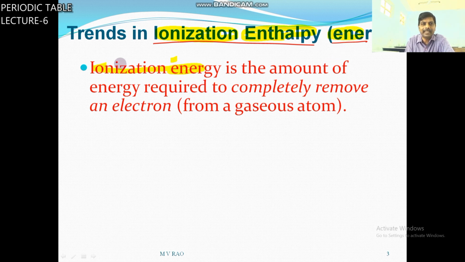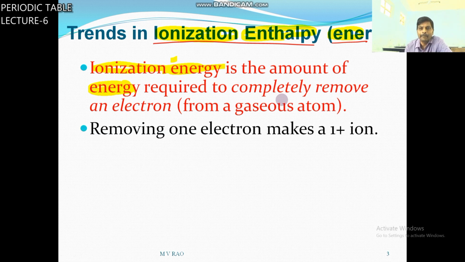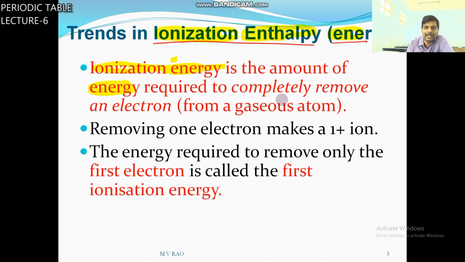Ionization energy means the amount of energy required to completely remove an electron from a gaseous atom. The amount of energy required to completely remove an electron from a gaseous atom is called ionization enthalpy.